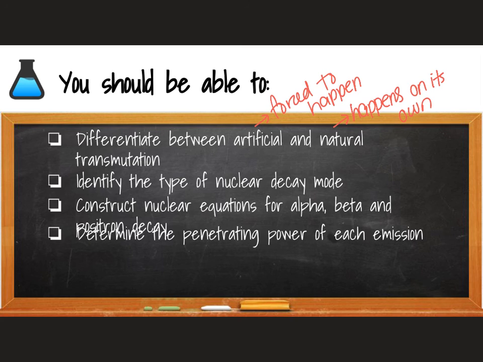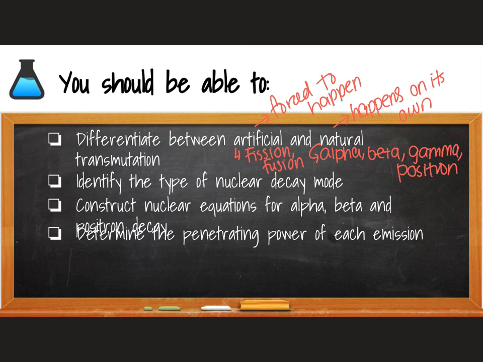Okay, so natural is alpha, beta, gamma, positron. So you really don't have to know any of the artificials yet because that is fission and fusion, which we're doing in the next lesson. This was just a little bit of an intro, I guess.